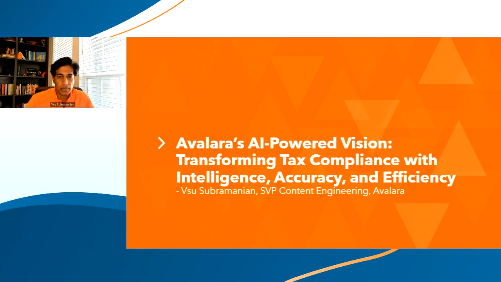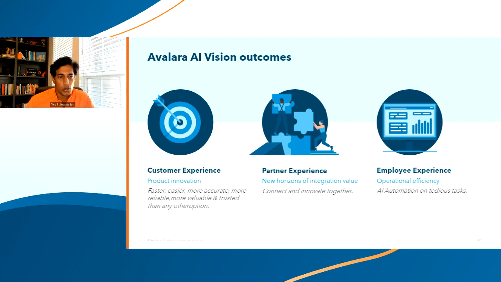All right. So what I'm going to talk about is our focus point when we think about AI, not just in ATR, but across Avalara, and how we think about AI in the space of tax compliance, especially when trust, accuracy, and efficiency are all very important. Broadly, we look at it this way. For all our customers, we stay true to our mission.